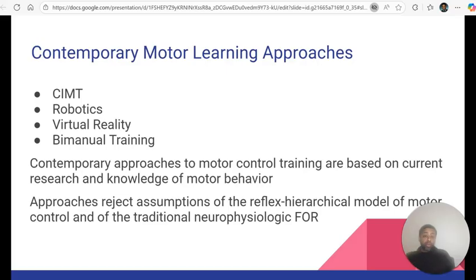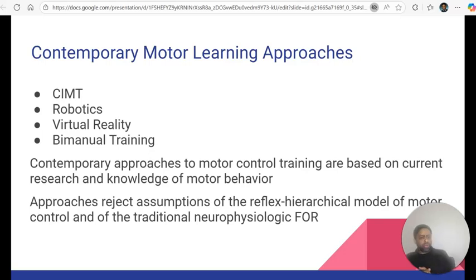From a contemporary motor learning standpoint, there are multiple treatment approaches that are supported by evidence. The constraint-induced movement therapy is supported by evidence, strong evidence, of course. Now, the dosage, there may be different studies that looked at different dosage of it, right?